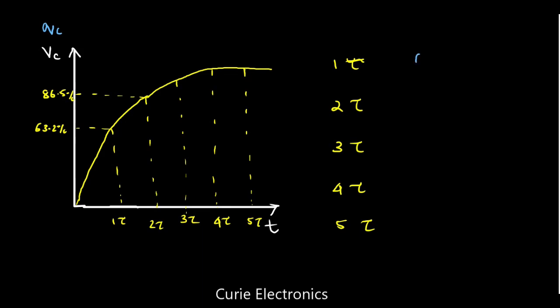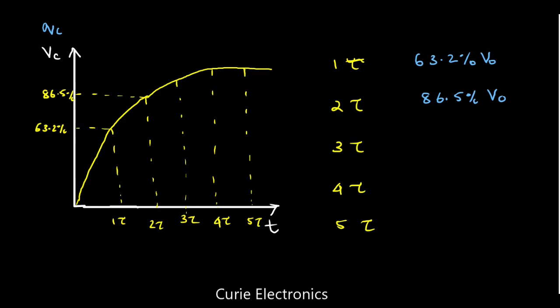At one time constant, how much does the capacitor charge? It charges to 63.2% of the maximum value of voltage. The next, 86.5%, at 2 time constants of V0.